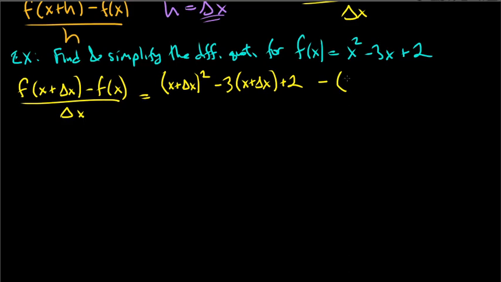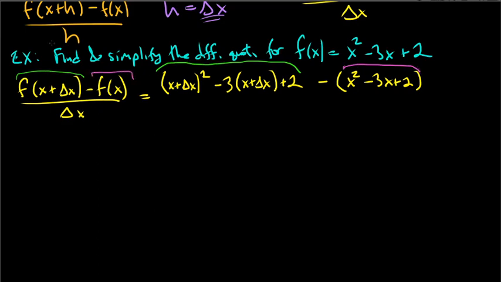So f of x, I can just copy that down here, x squared minus 3x plus 2. Everyone okay with that? So this part here is the f of x plus delta x, and then this over here is the f of x, so you don't get confused. And then we're dividing the whole thing just by delta x.